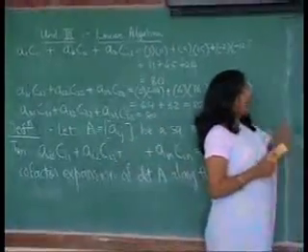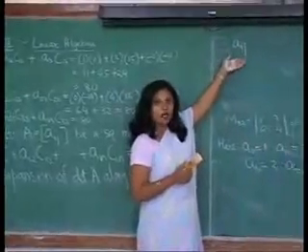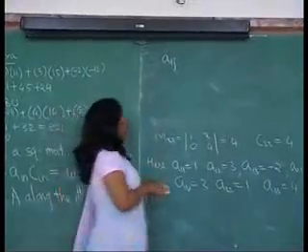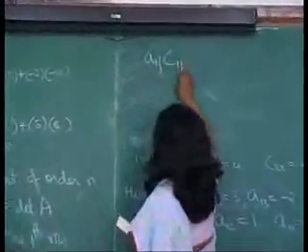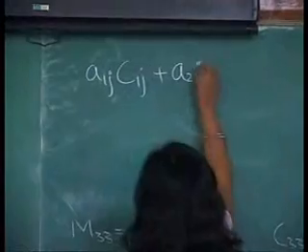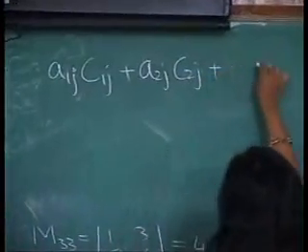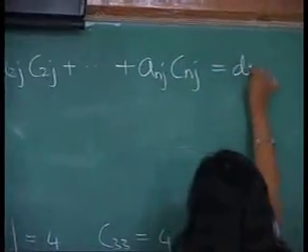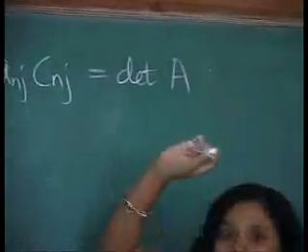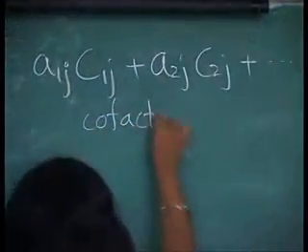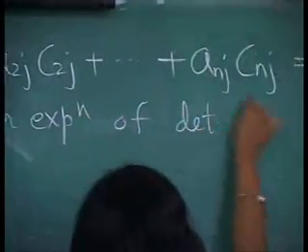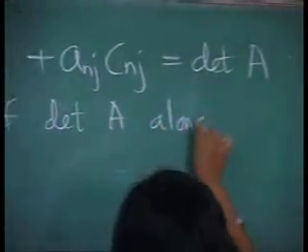So when I say that I want elements from the jth column, throughout my second suffix is going to be j. So look at the expression A1j, C1j, A2j, C2j, Anj, Cnj. You can bet on it that this also will work out to be the determinant of A. And this formula is called the cofactor expansion of determinant of A along the jth column.